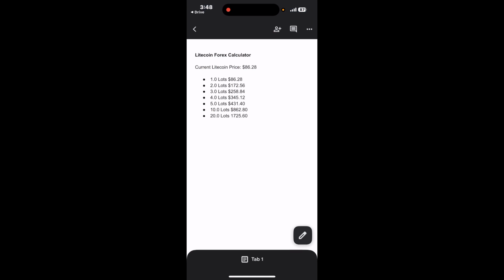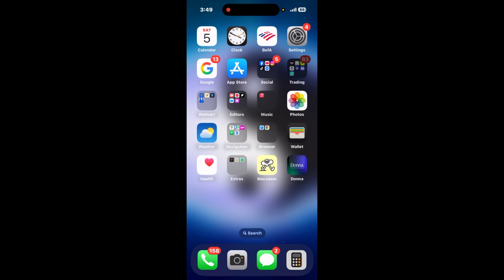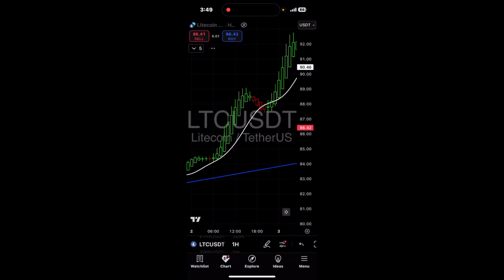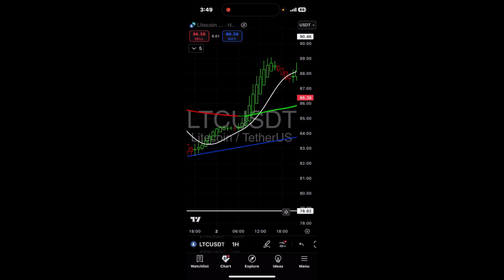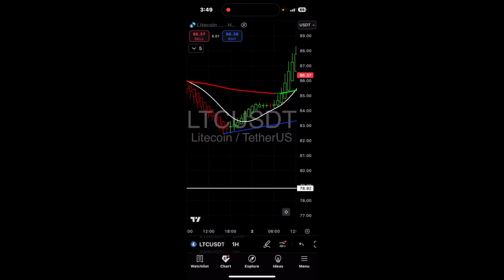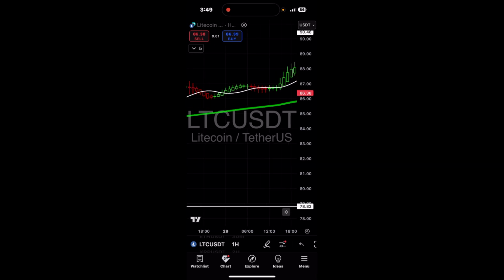Now remember, this is the price of 20 Litecoin in a balance. You can't do this until you have the price of 20 Litecoin in your Forex account. Let's just base this off of 10x and 20x. To see more noticeable numbers, you want to start slowly scaling up your account.